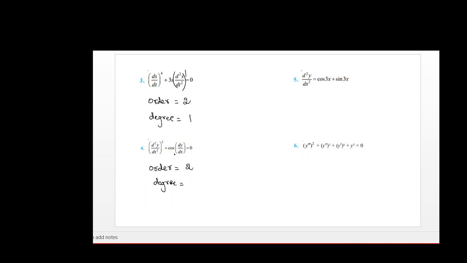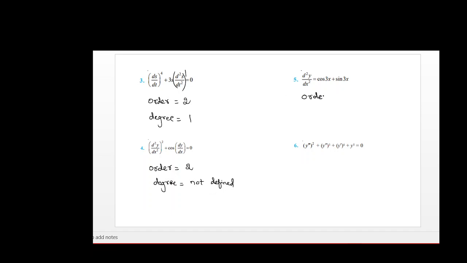Transcendental functions means cos of dy by dx, sin dy by dx, e power dy by dx, log of dy by dx. If you see any of these terms in the differential equation, then the degree is not defined. Whereas if I had cos y, then the degree would have been defined. But here it involves derivatives, so it is not a polynomial in derivatives, and the degree is not defined.